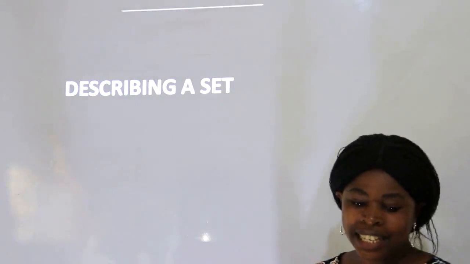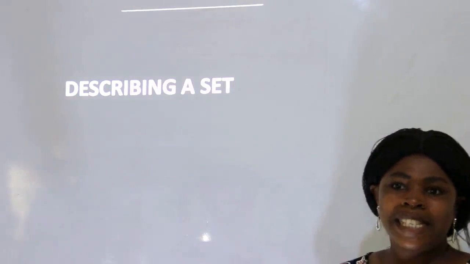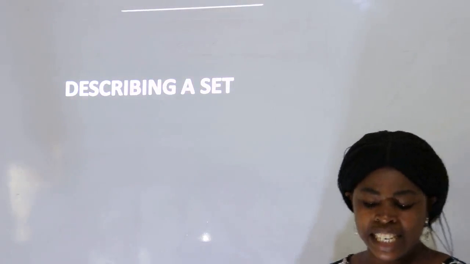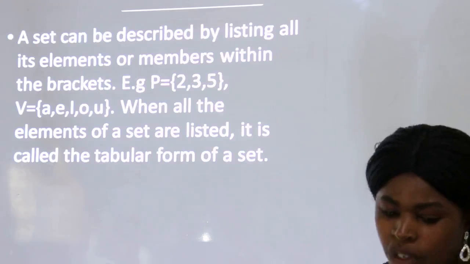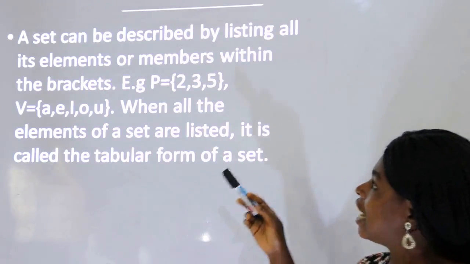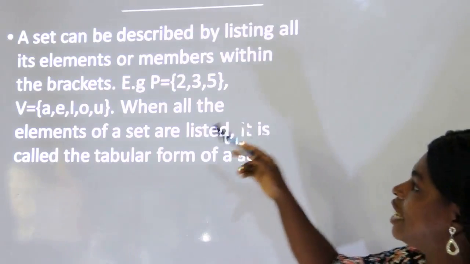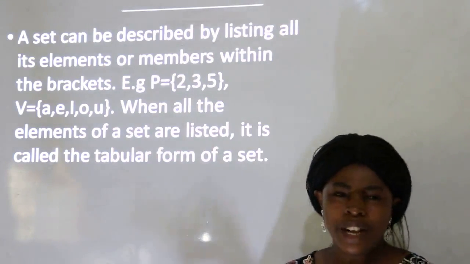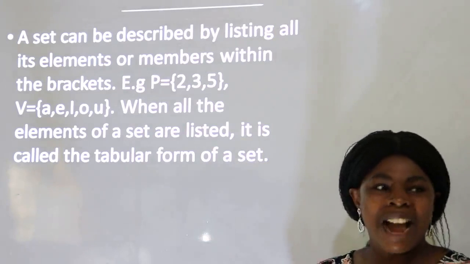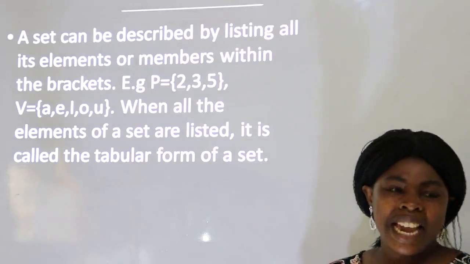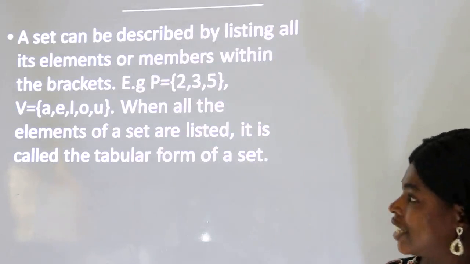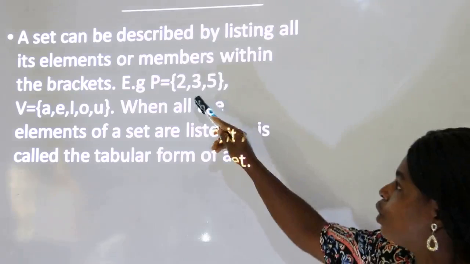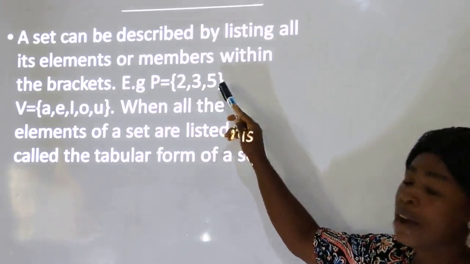Let's look at describing a set. A set can be described in three ways. The first one: a set can be described by listing all its elements or members written in the brackets. For example, set P is equal to {2, 3, 5}.